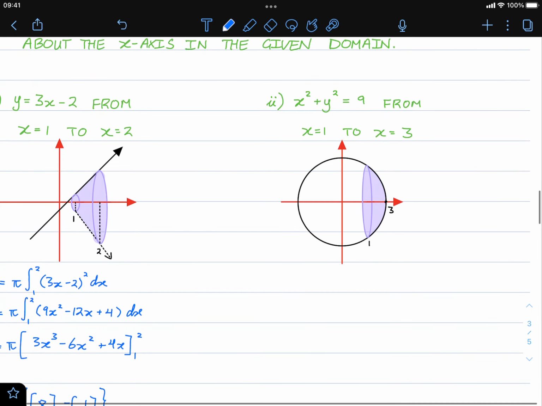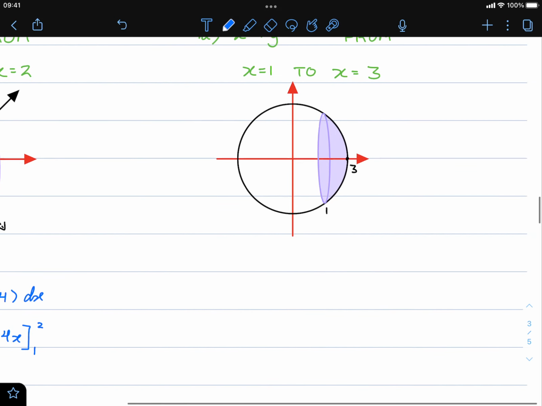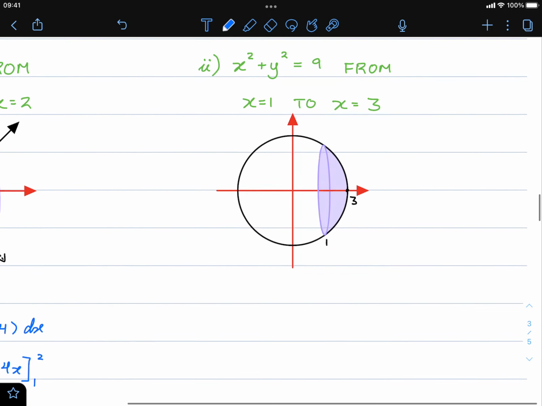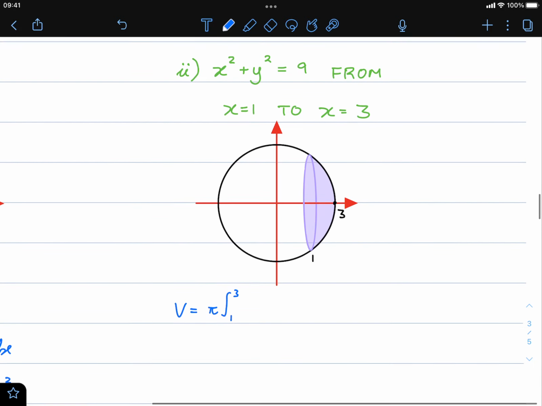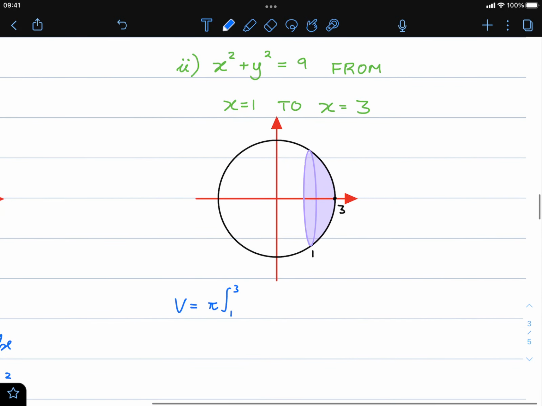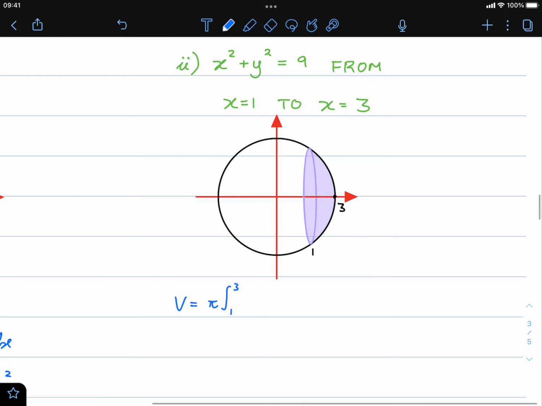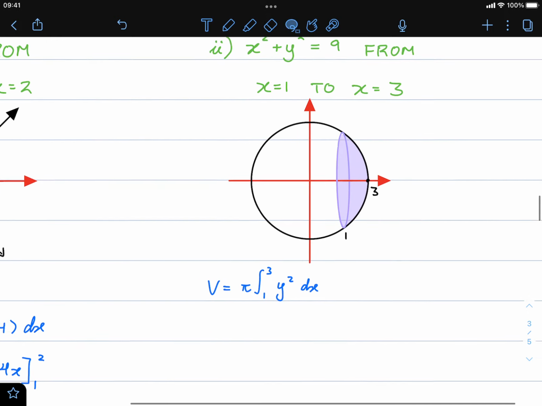Let's keep going here. So we now want to make our formula: V equals pi times the integral from 1 to 3 of the function. Now here's where it gets a little tricky. We need y squared dx.